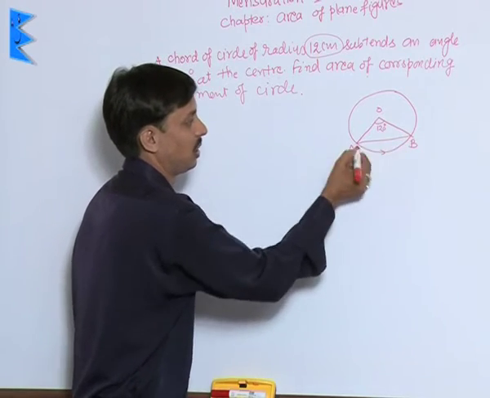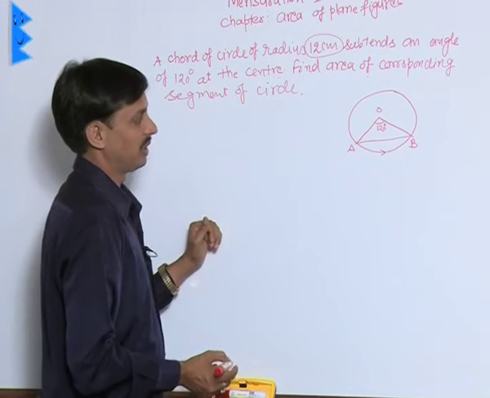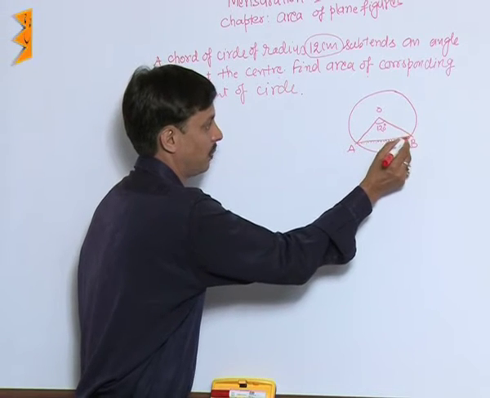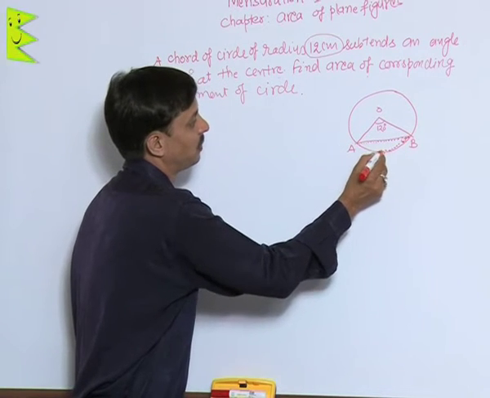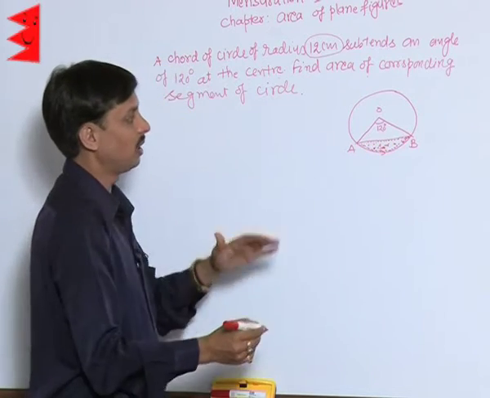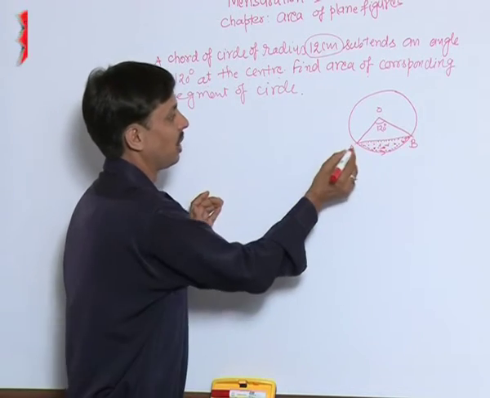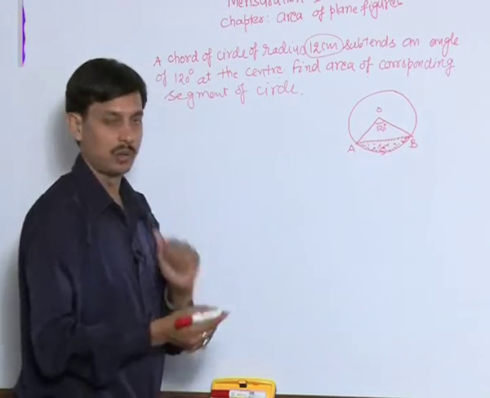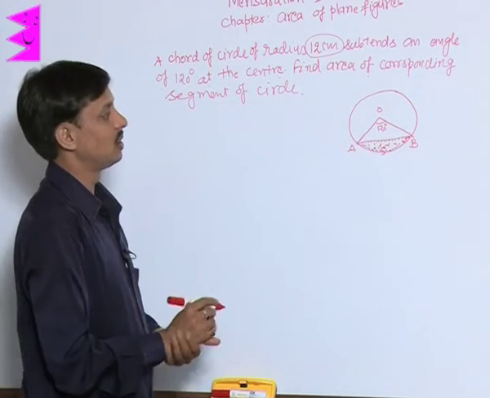Arc is this AB in the anti-clockwise direction. This part which I am shading now, this part is the segment. Segment is the part of the circle enclosed between the arc and chord.